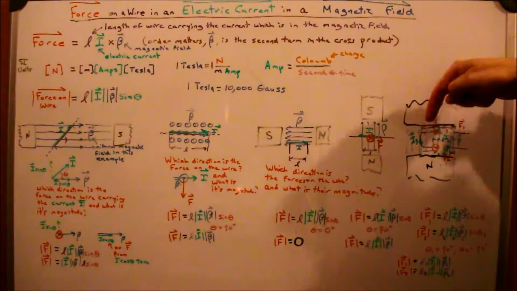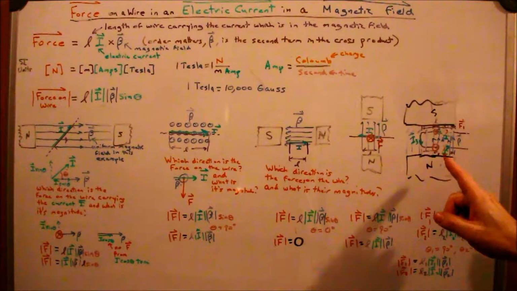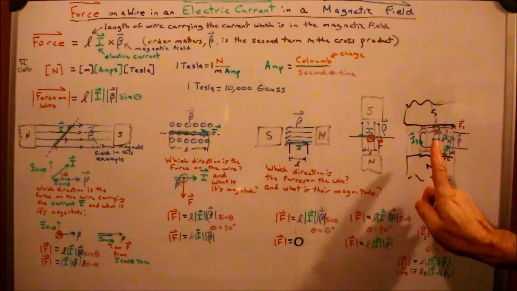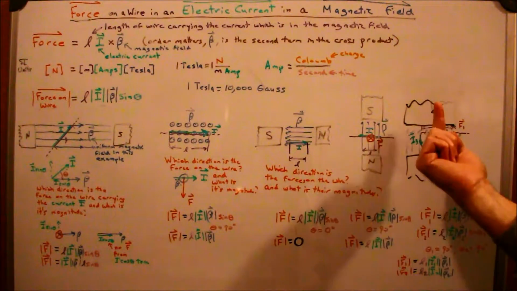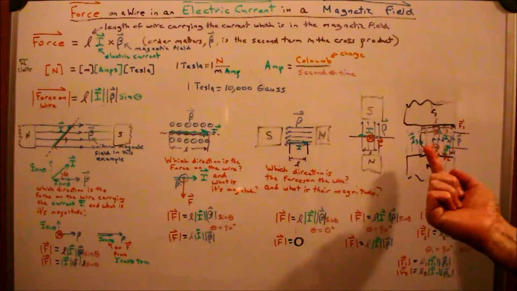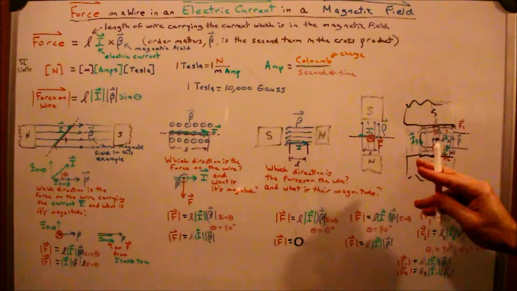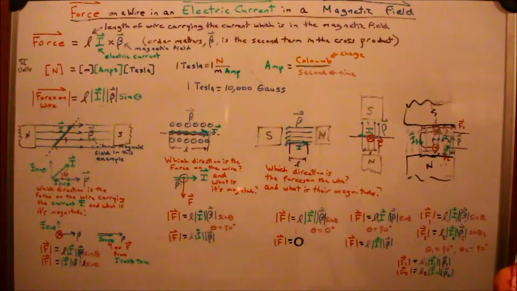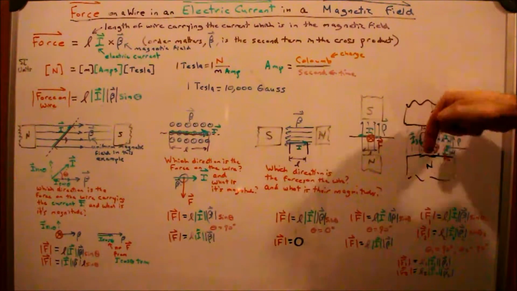But what does this I term going here now, which is flowing, does that make any force? Well, I have I cross B, the current cross the magnetic field. Now they're in the same plane of this board, but if I call it the J hat direction, it's the magnetic field, and the current is in the minus J hat direction.